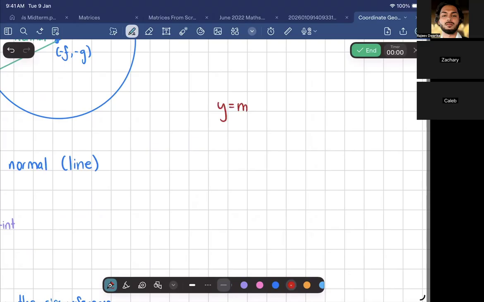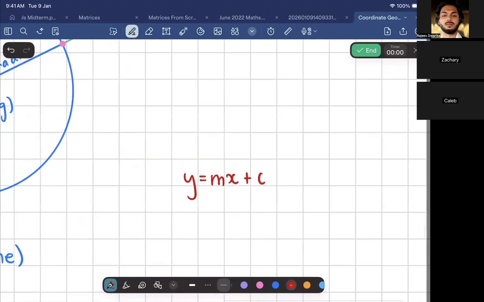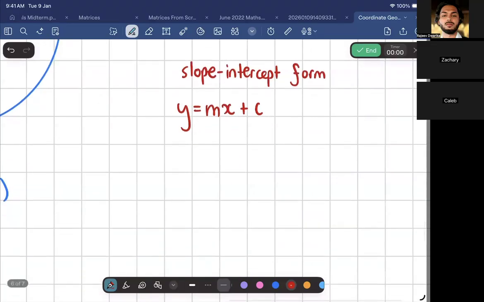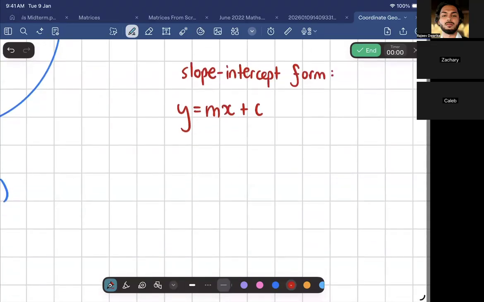This form is called the what? Think about it, Zachary. In this form, it gives you the gradient and the y-intercept. So guess what it's called? The proper name for this is the slope-intercept form. That makes sense because it gives you the slope and the y-intercept. Yes, sir. And this is the one you're accustomed to.